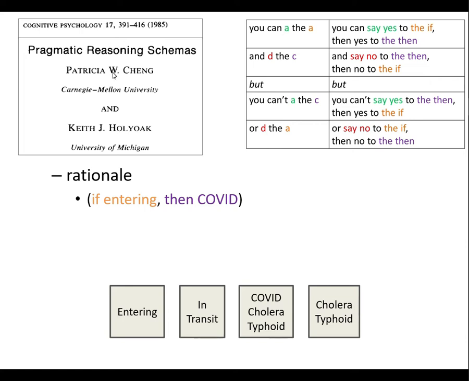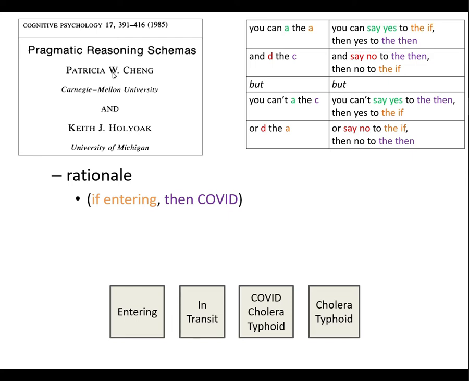Now, what I just gave you were the instructions for the no rationale condition. I did not specifically tell you why you were checking the if entering then COVID relation. Around 60% of participants choose the two correct cards in this no rationale condition.